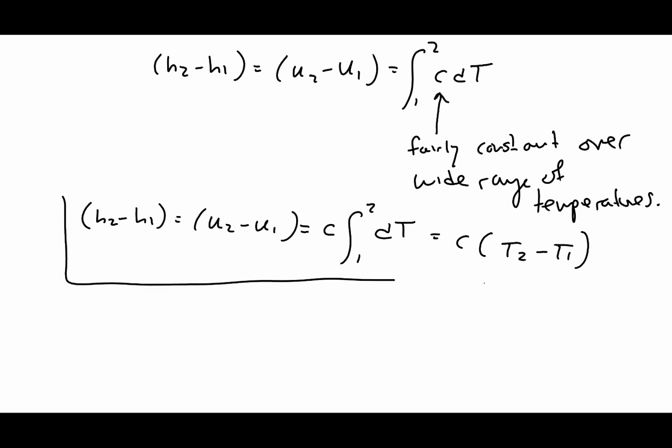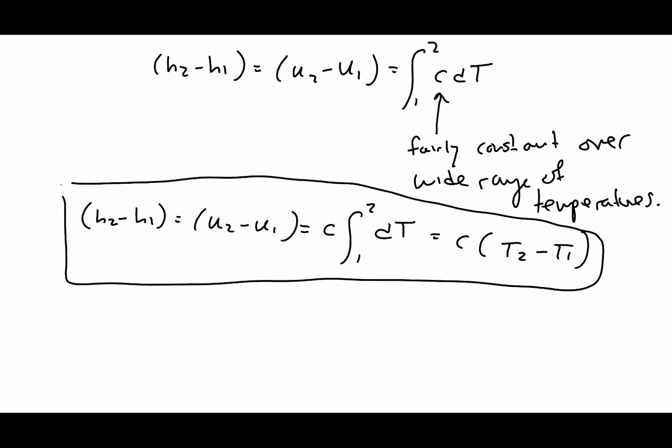So this is the equation we're going to be using to solve for the change in internal energy or the change in enthalpy in a solid or a liquid for first law problems. We're going to be getting C off of a table, and we're going to want to get it for the average temperature.